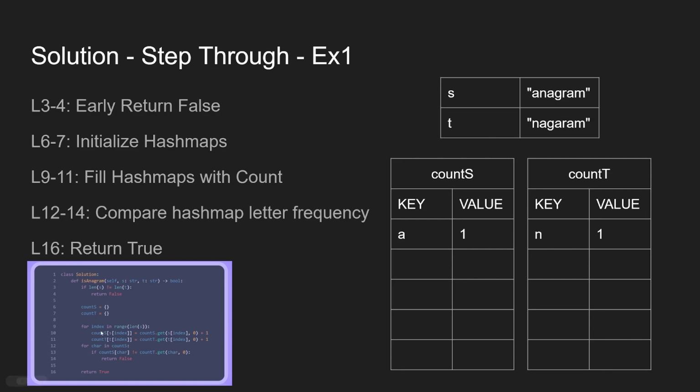Lines 12 to 14 are not going to run yet because we're still currently in the range of length of S. So we go on to the second character, so N and A, and these are both new for both strings, so added. And when we move on again, A is already in the hash map.